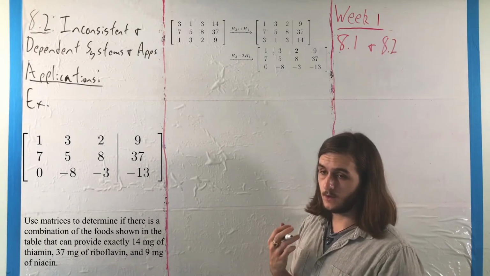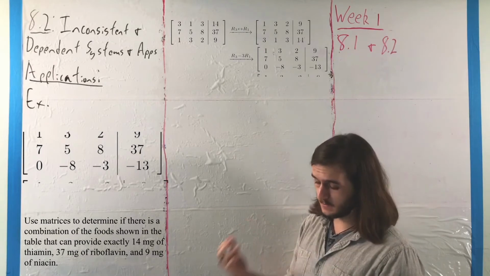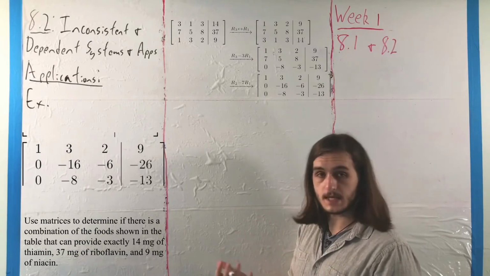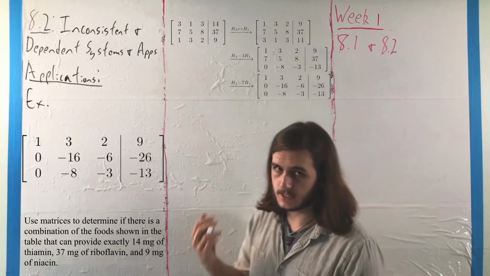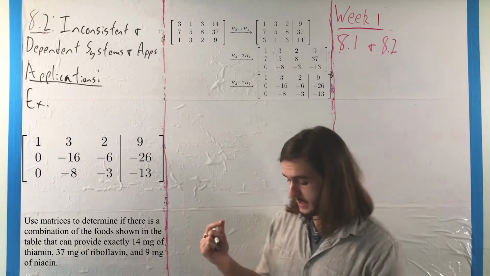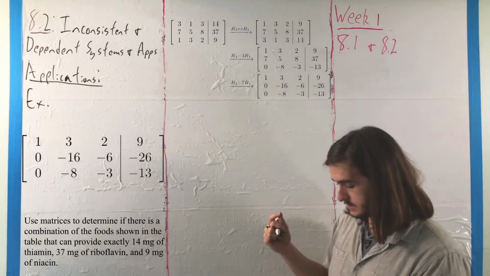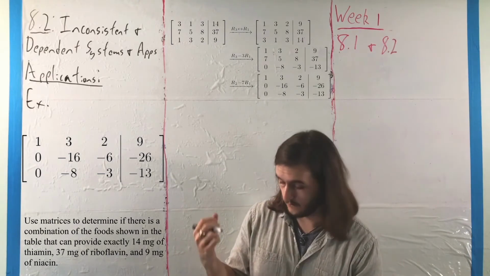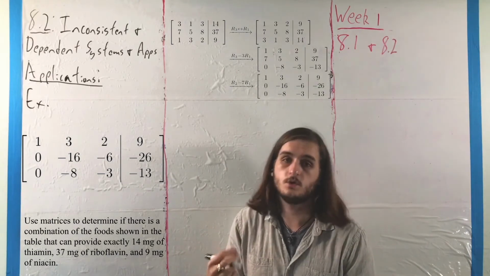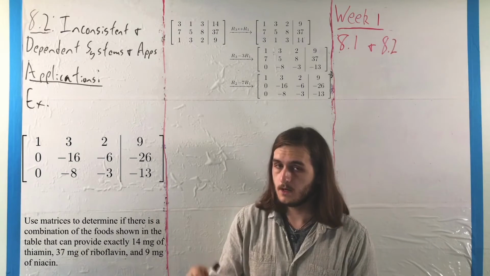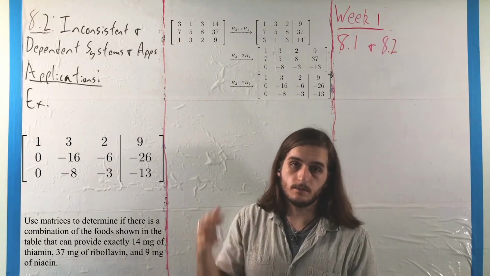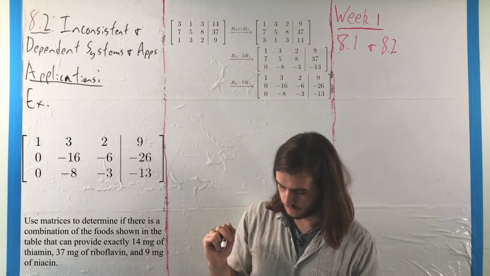So that's where our third row is going to be. We do the same sort of thing with the second, except now you're multiplying by 7. And we'll get in there for the second row 0, negative 16, negative 6, and negative 26 from the operation R2 minus 7R1 to get column 1 in form 1, 0, 0.